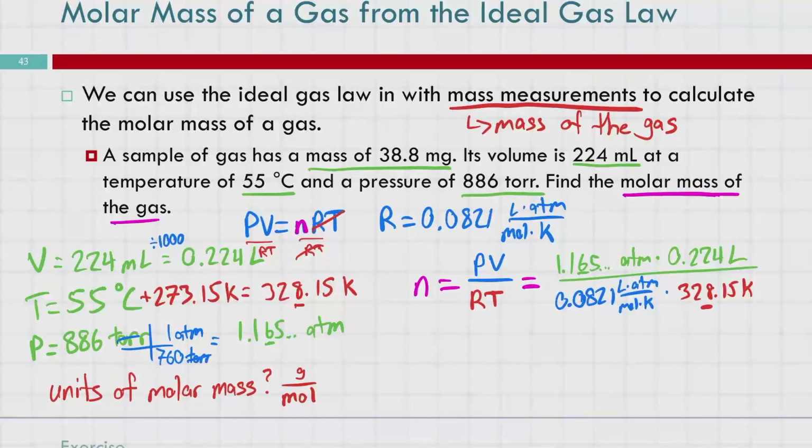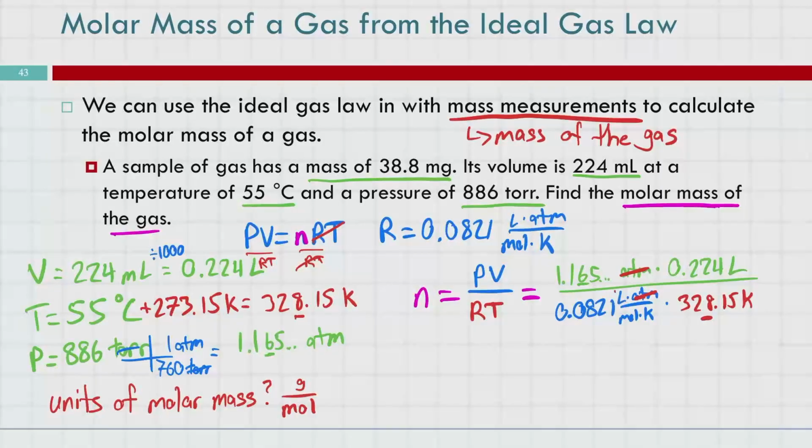And then we get to cancel most things out. Our atmospheres cancel, our liters cancel. The moles and the Kelvin that are down here are secretly, because of the way that division works, on the top. So this Kelvin cancels with the Kelvin, and this moles, because it's an inverse of an inverse, divided by, flips to the top. It's the division version of a double negative. So this will give us an amount of moles.